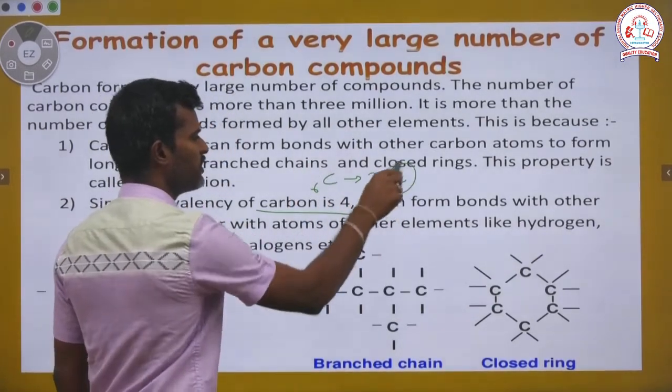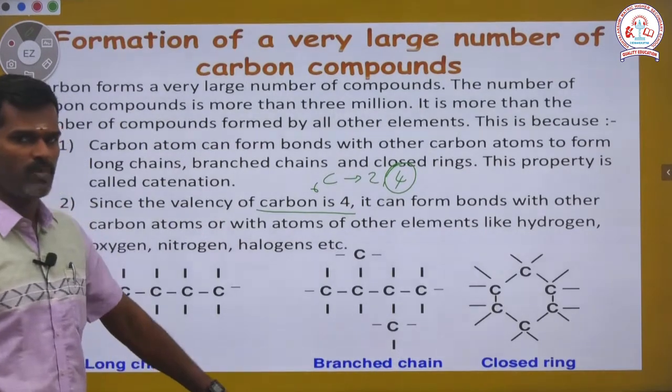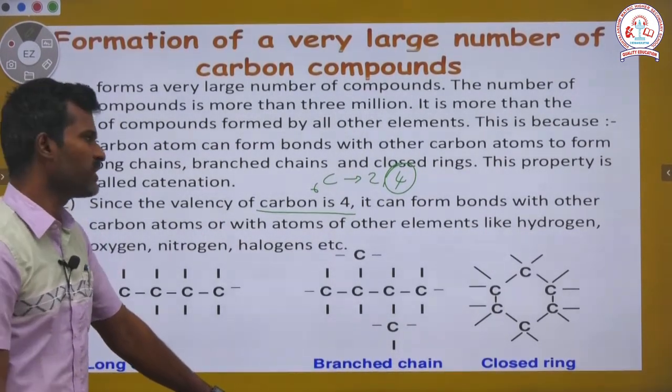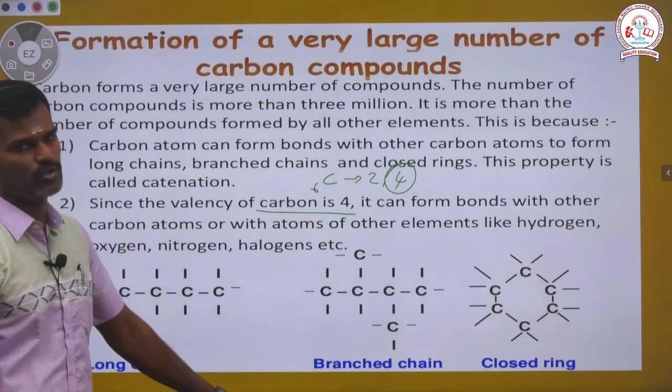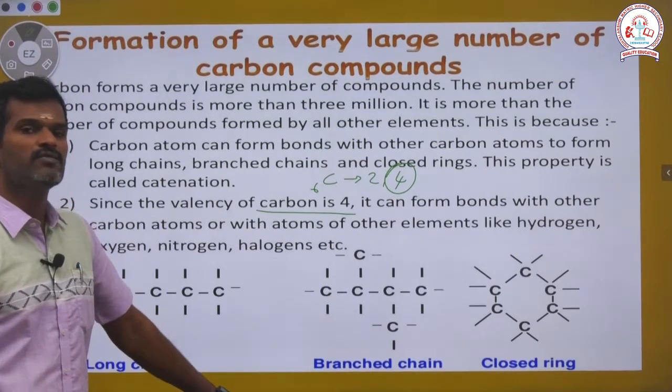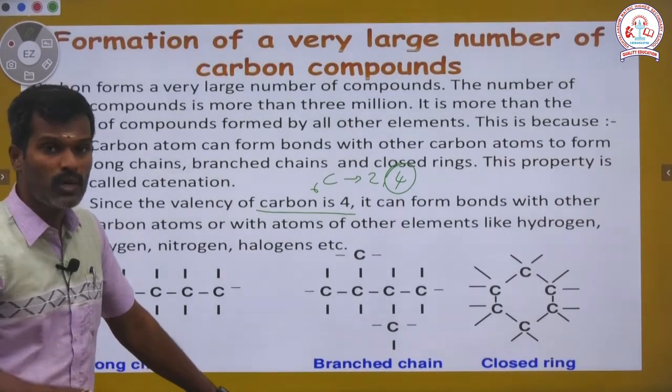This 4 is responsible for the valency of carbon. This linking capacity is known as valency, right? The outer shell has 4 electrons, and that is responsible for the valency of 4, that is, tetravalency, forming covalent bonds.